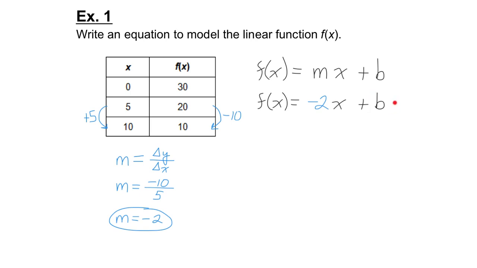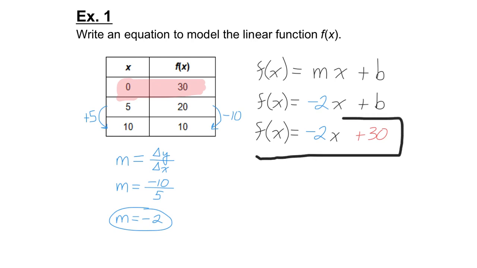I still don't know what b is. It's the y-intercept, and I can find that when x is 0, y is 30. So I know b is 30. So when I update my equation, I have f of x equals -2x plus 30. So that equation represents the function pictured in this table.